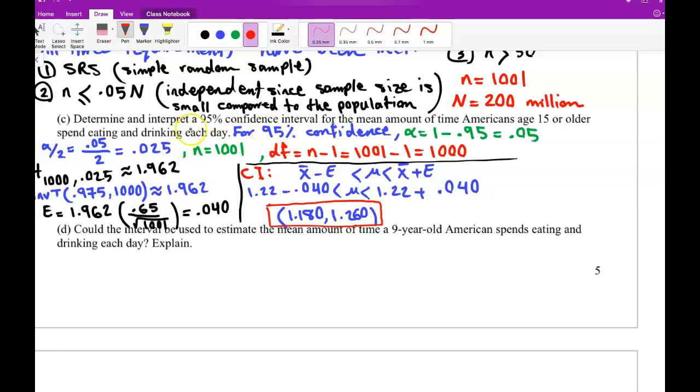Okay, and we are asked to interpret this one, what that means.